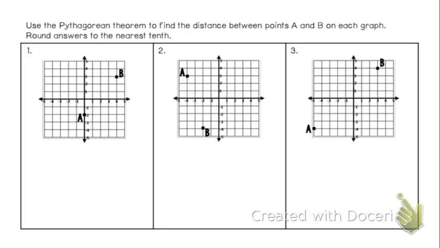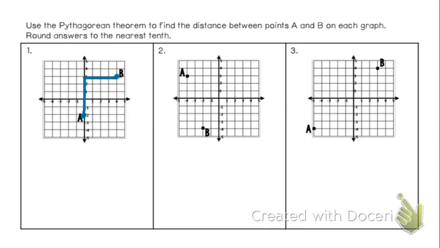Okay, so let's look at number 1 here. It says use the Pythagorean theorem to find the distance between point A and B on each graph. Round the answers to the nearest tenth. So I'm going to draw a straight line starting here at point A, straight up to where it is directly across from point B. Then I'm going to draw a leg across like this.